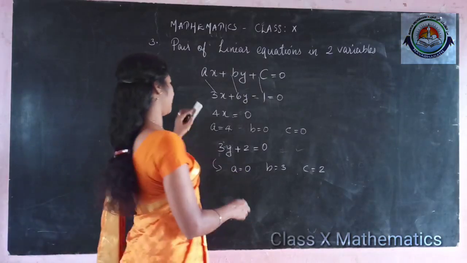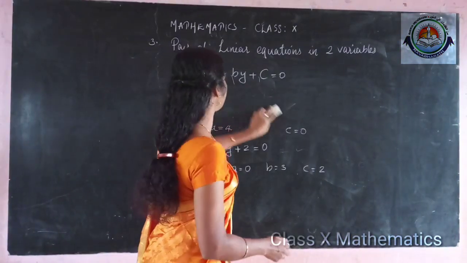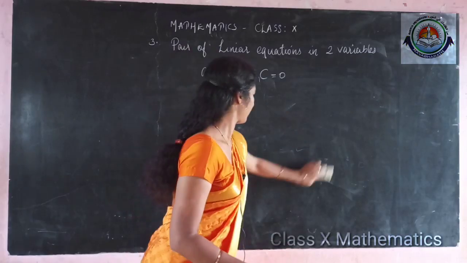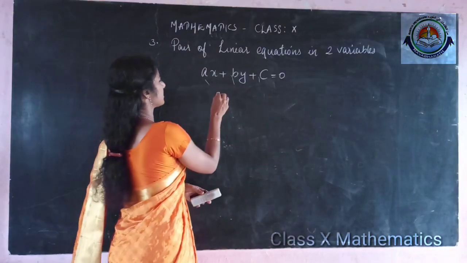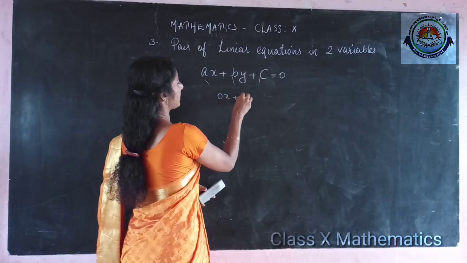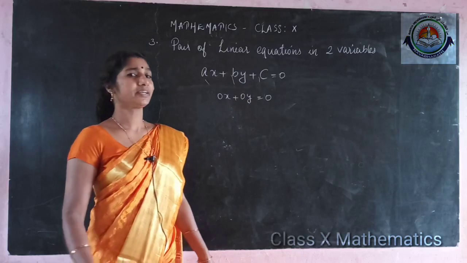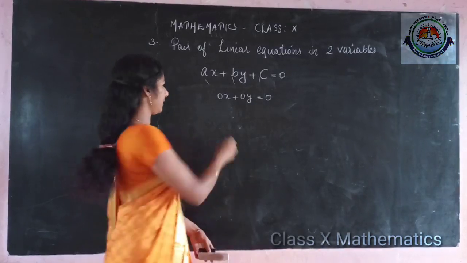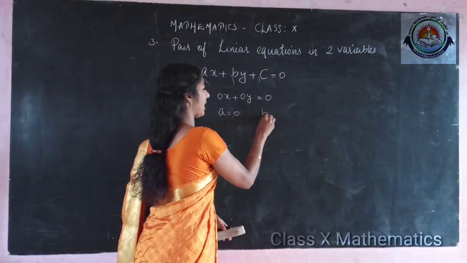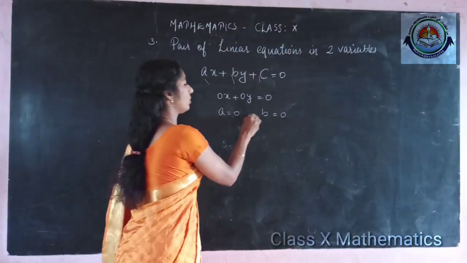What will happen if a and b both are 0 in this equation? See, one equation is giving 0x plus 0y is equal to 0. Is it a linear equation? What happened here? a is equal to 0 and b is equal to 0. Both are 0.